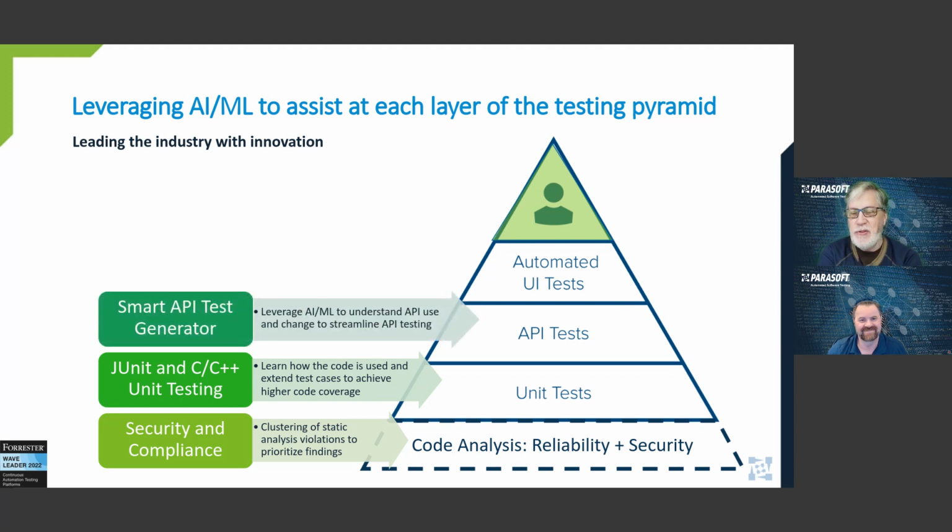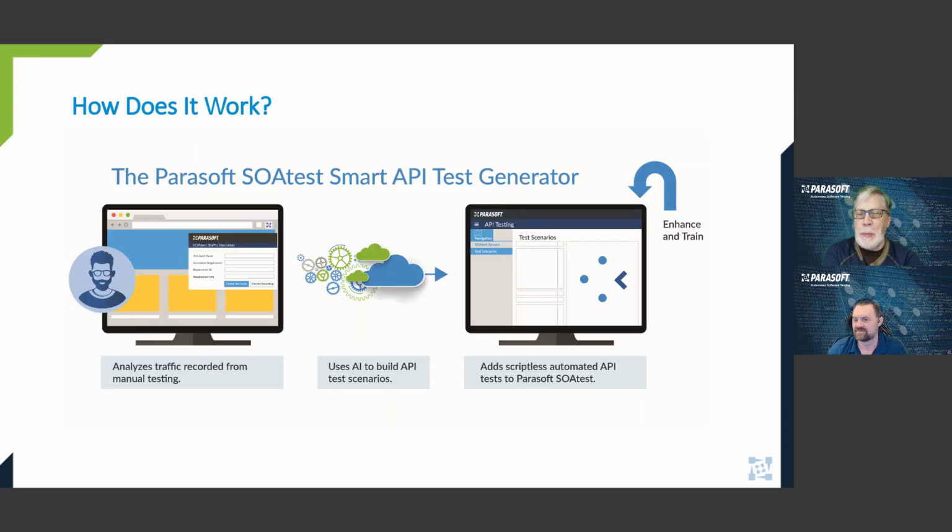Smart API test generator is something we have, and it's really cool because we take AI and machine learning to understand what's going on in an API case and then use that to create really cool tests. So I'm going to talk about that more. The smart API test generator looks at the traffic. And if you think about going to a website and trying to buy a book, right, and you analyze what's going on behind the scenes, you'll see that lots and lots of calls are made to different things.